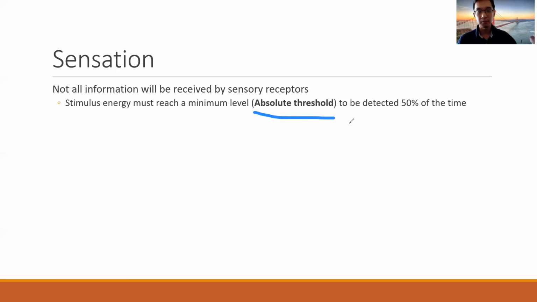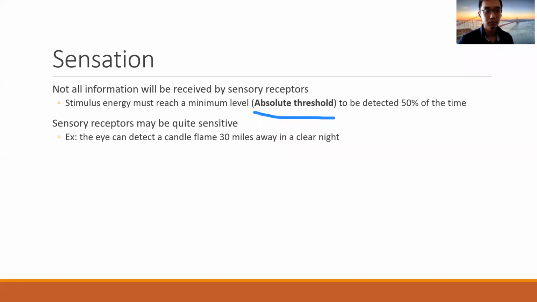So a stimulus must reach a minimum level so that the sensory receptor can detect it. Some sensory receptors might be very, very sensitive and have very strong abilities.